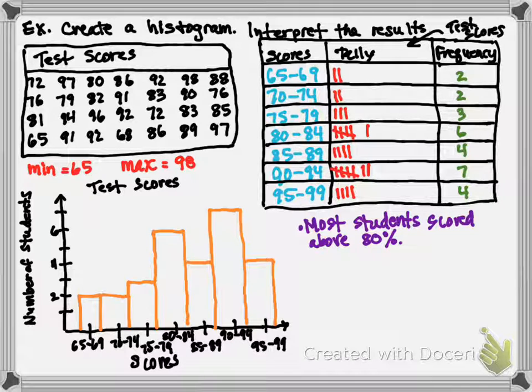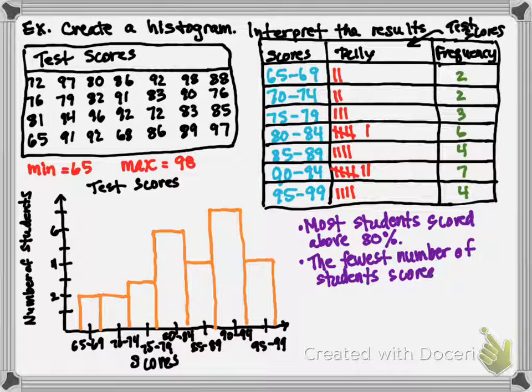The fewest number of students scored between 65% to 74%.